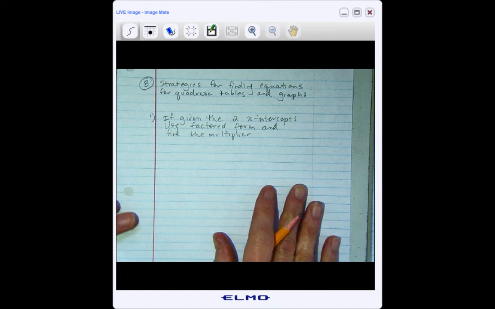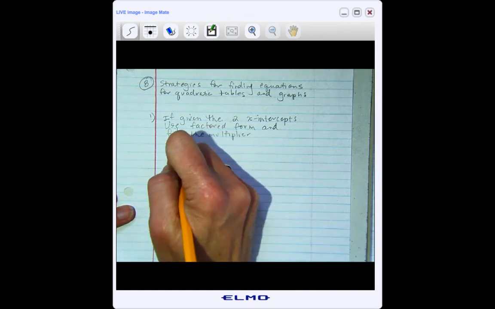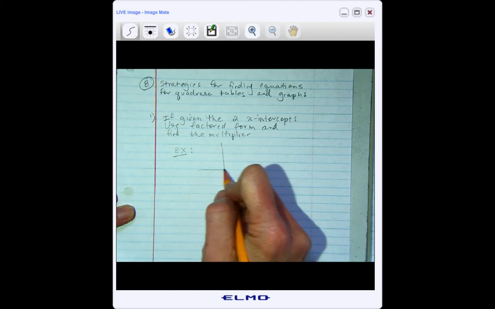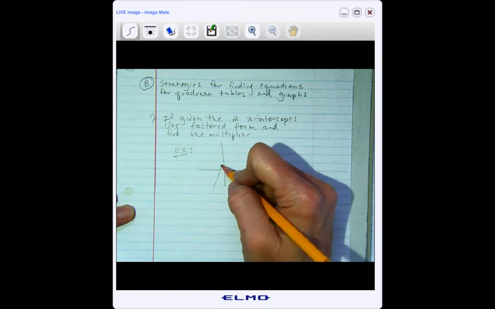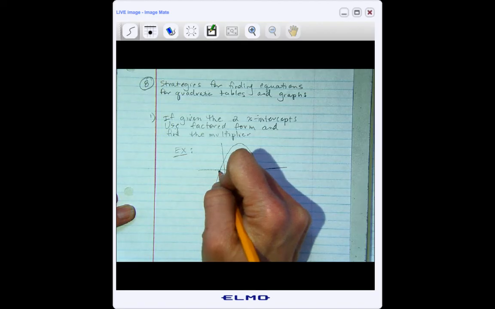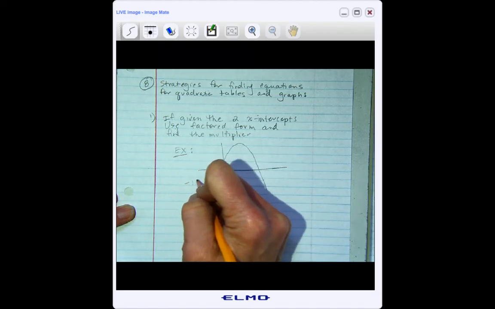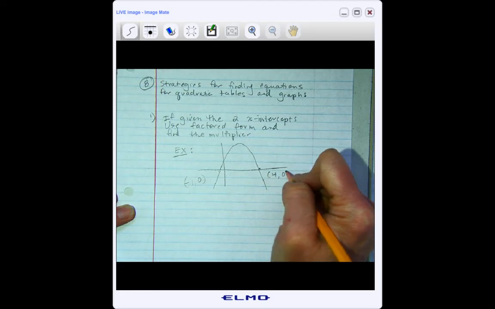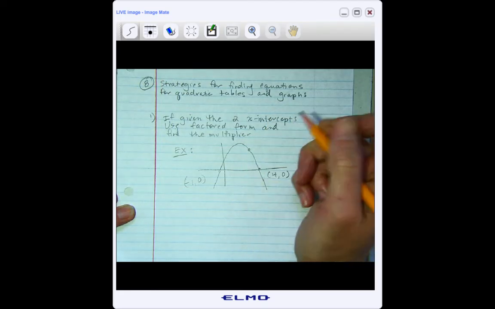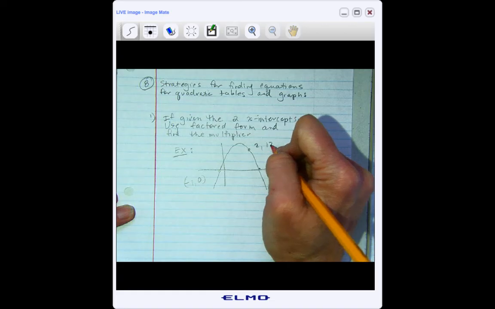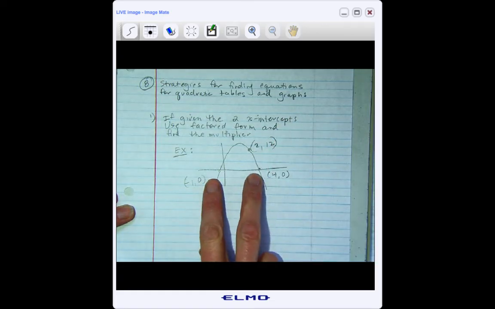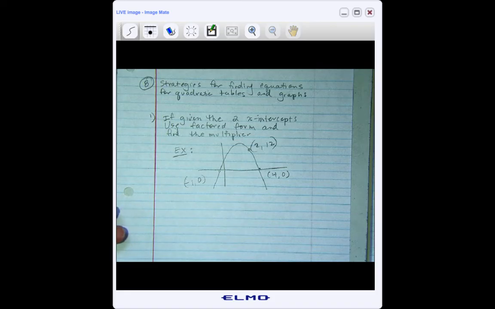So, all right, so let's say we've got this graph and we're told here's what the graph looks like. It goes through the point negative 1, 0, 4, 0, and one of the points is 2, 12. Okay. All right, so since I was given two x-intercepts, I'm going to use the factored form.